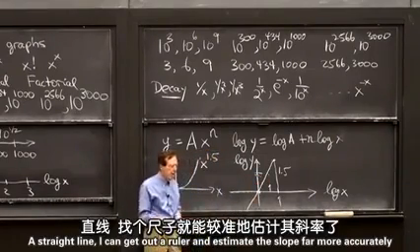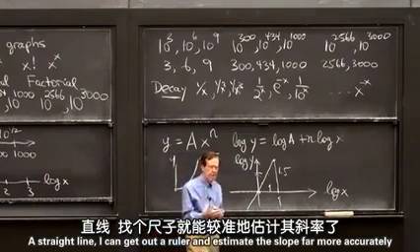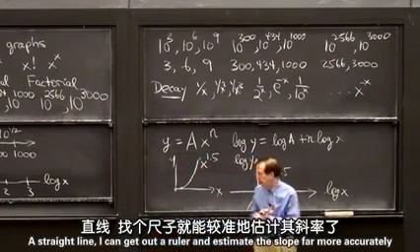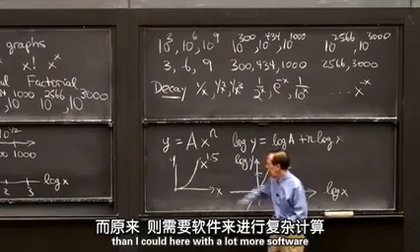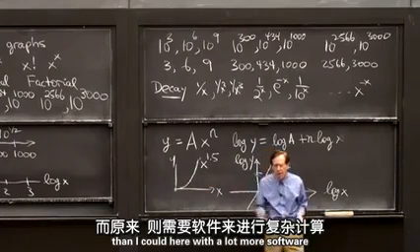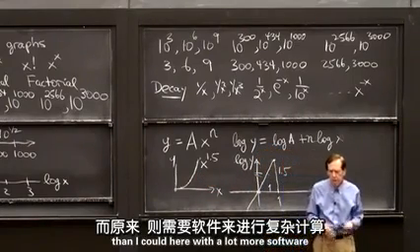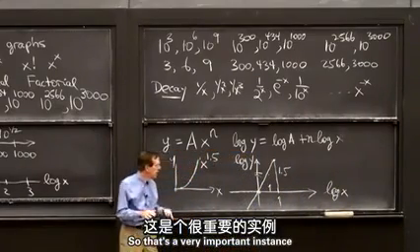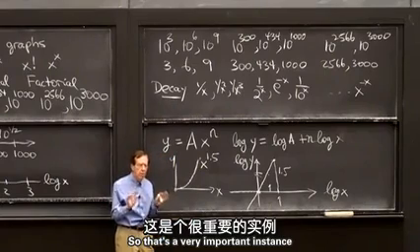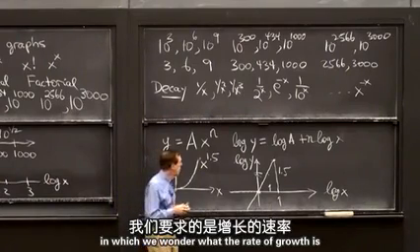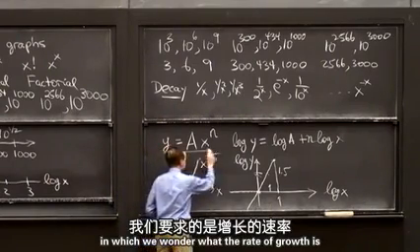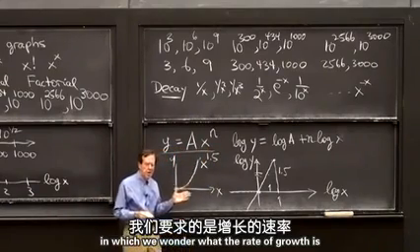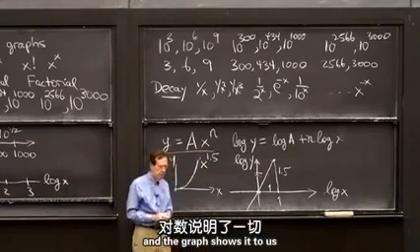With a straight line, I can get out a ruler and estimate the slope far more accurately than I could with a lot more software. So that's a very important instance in which we wonder what the rate of growth is, and the graph shows it to us.